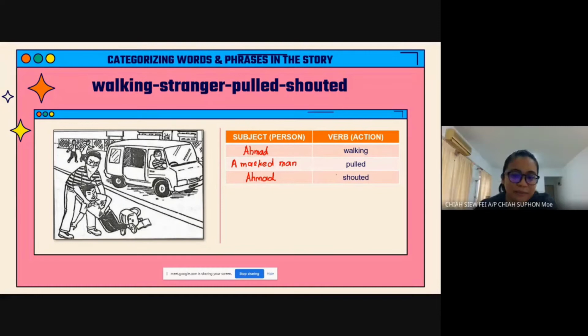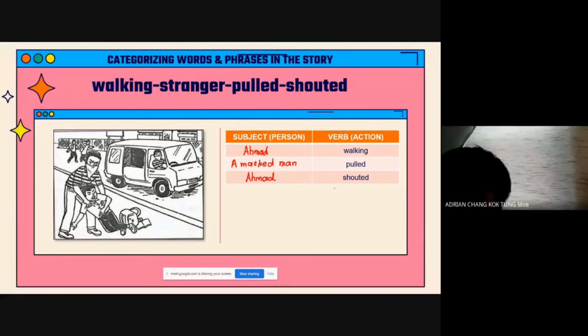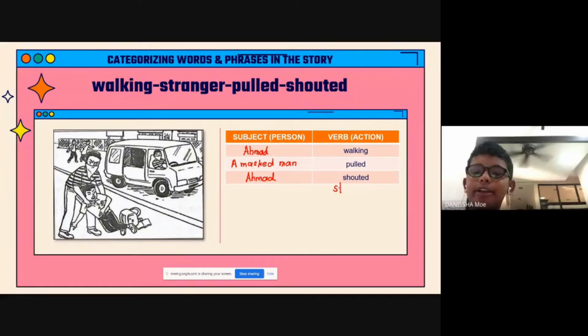You look at Ahmad. Why is he seemingly halfway on the ground? What is he doing? He got pulled by the masked man, so he's trying to escape, out of the masked man's reach. Very good.